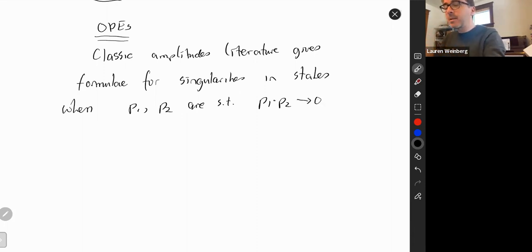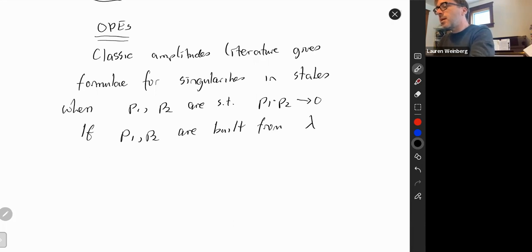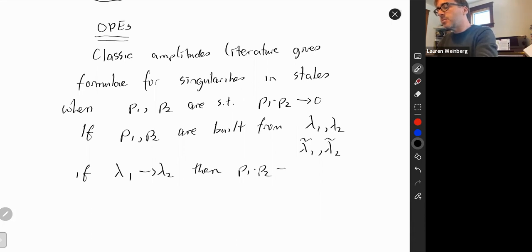So this can happen if P1 and P2 are built from lambda 1, lambda 2, lambda tilde 1, lambda tilde 2. If lambda 1 tends to lambda 2, then P1 dot P2 equals 0.